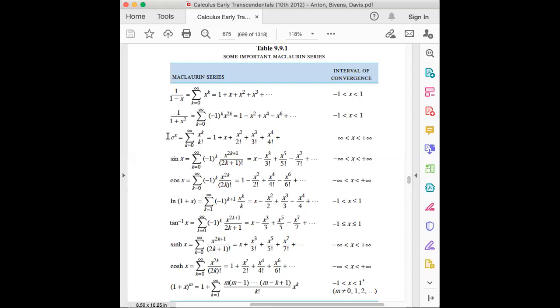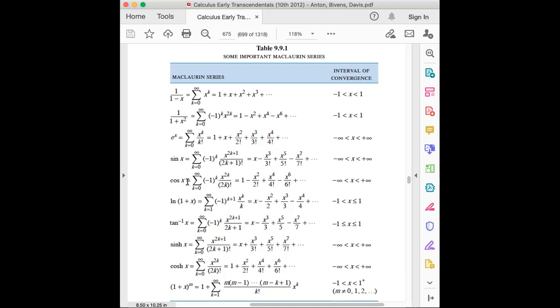The first guy here and the third guy here are easy to memorize, so I hope you will memorize them by heart. And the second bullet here can be derived using the first bullet. And then I hope you also memorize the series expansion for sine x and for cosine x.